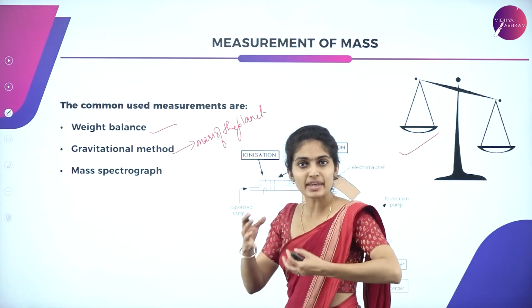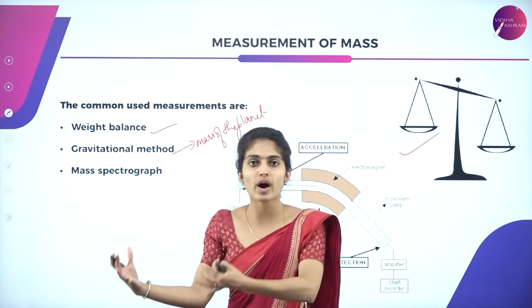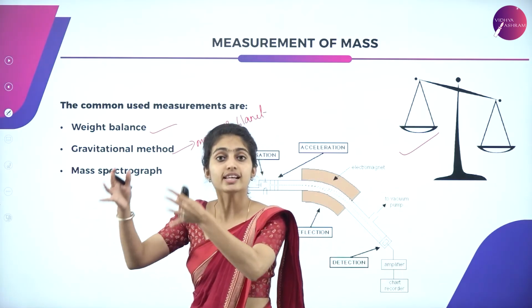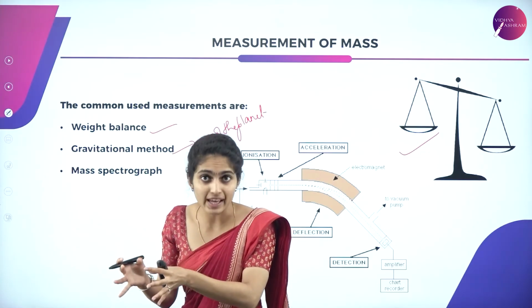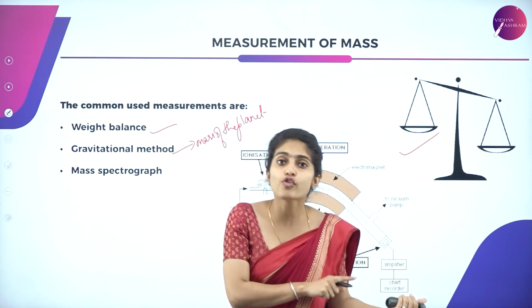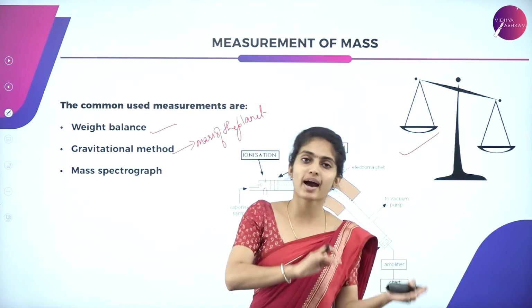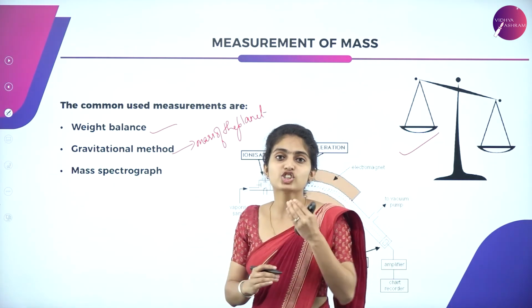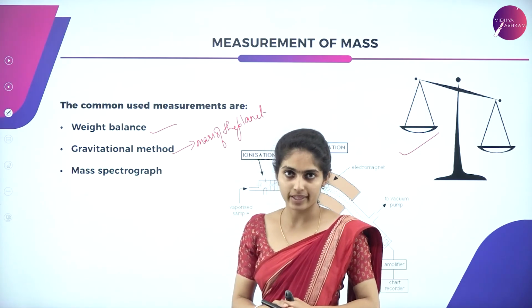So what is the method they undertake? They just compare one to the other. That is, they compare the force of gravity of an unknown planet or an unknown object with the force of gravity of a known object. So in comparison, they get the mass of the object, by using the gravitational method.